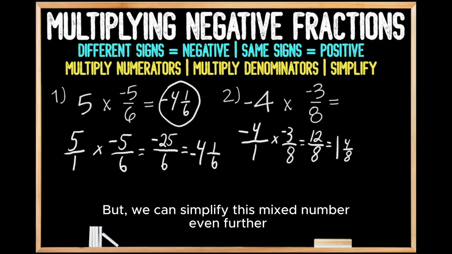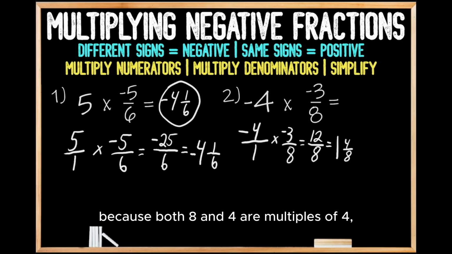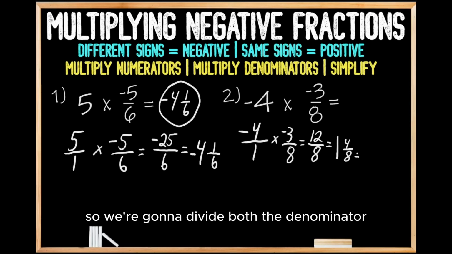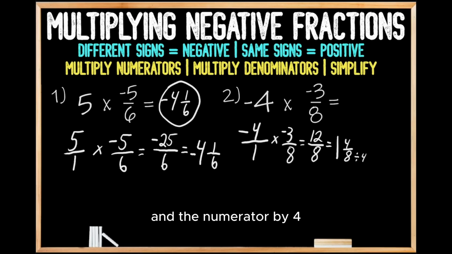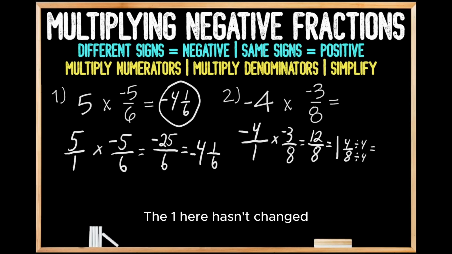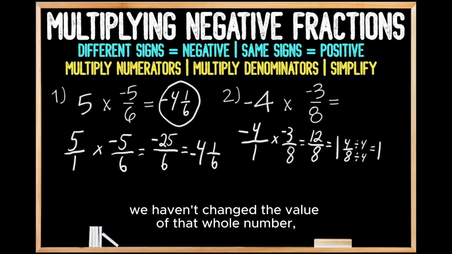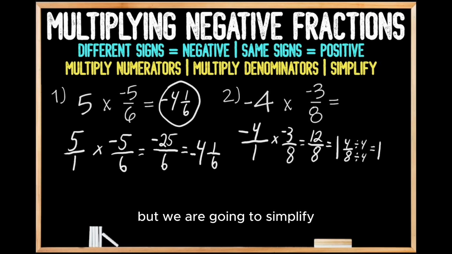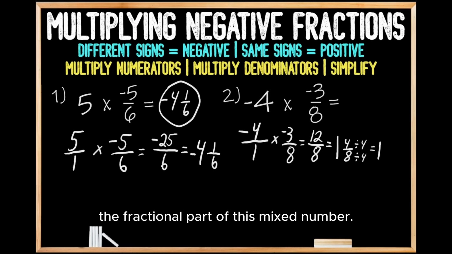But we can simplify this mixed number even further, because both 8 and 4 are multiples of 4. So we're going to divide both the denominator and the numerator by 4 in order to simplify this mixed number even further. The 1 here hasn't changed. We haven't changed the value of that whole number, but we are going to simplify the fractional part of this mixed number.